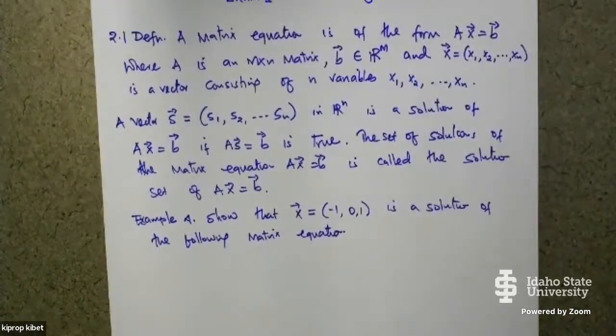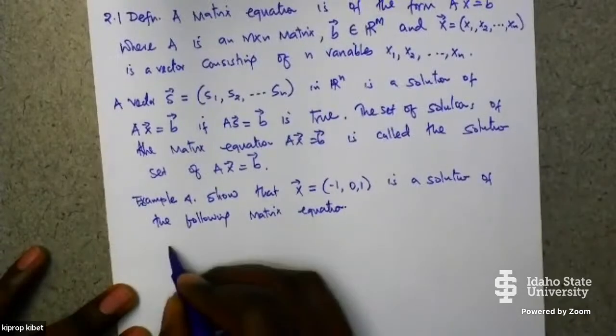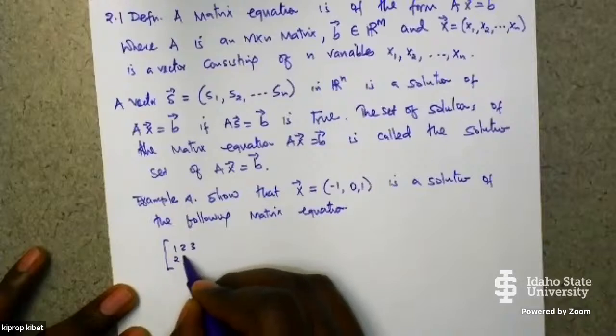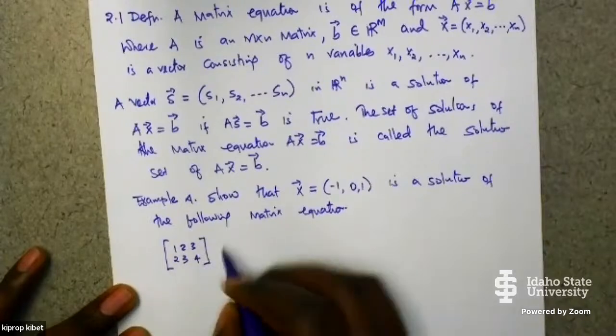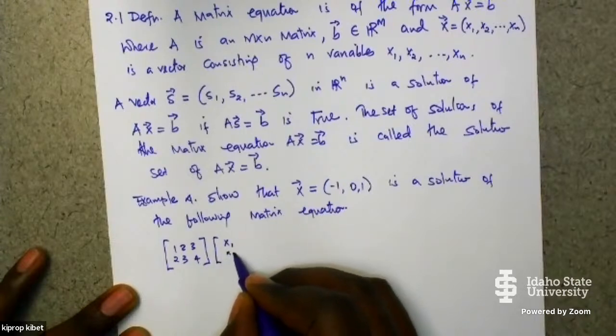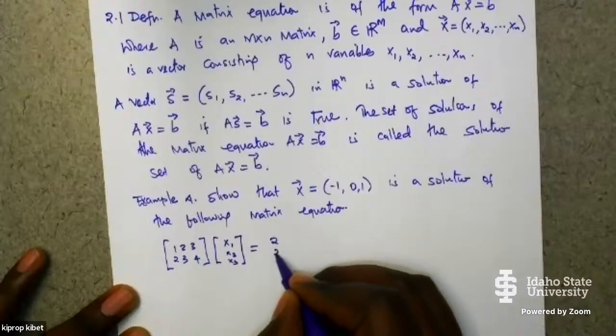So if we have this equation, 1, 2, 3, 2, 3, 4, and then the vector x1, x2, x3, which equals 2 and 2.